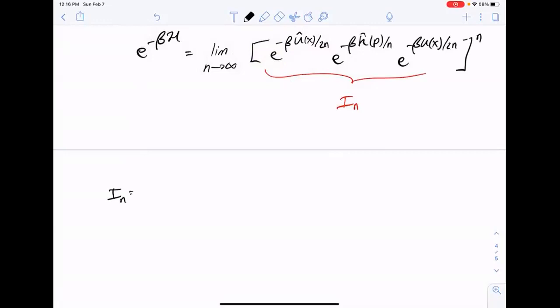Specifically, let's introduce a couple resolutions of the identity, the completeness relationship for real space states. It's an integral over some xi, an integral over some xi plus 1. Let's also introduce a set of k-space states, or momentum states.